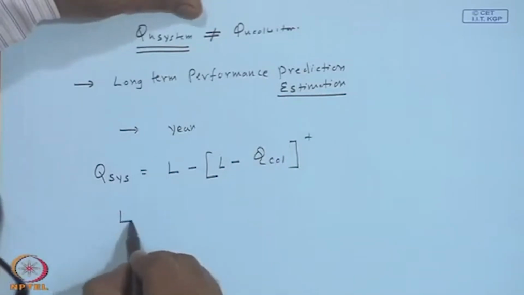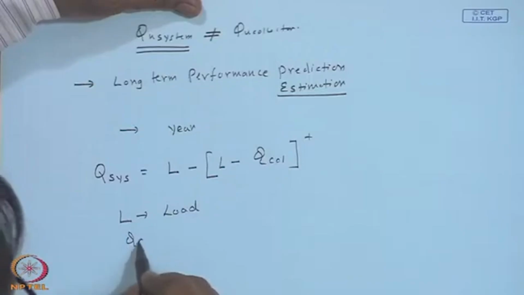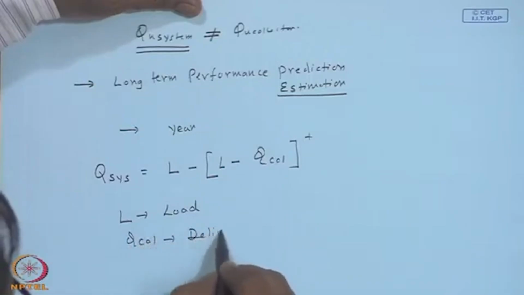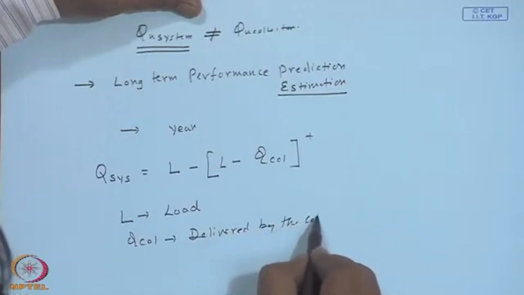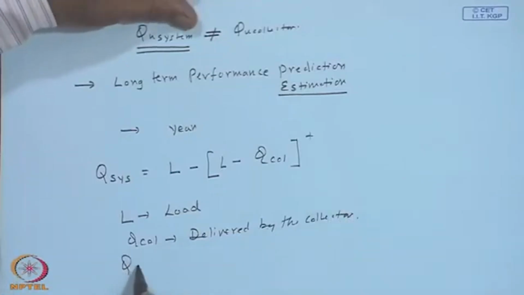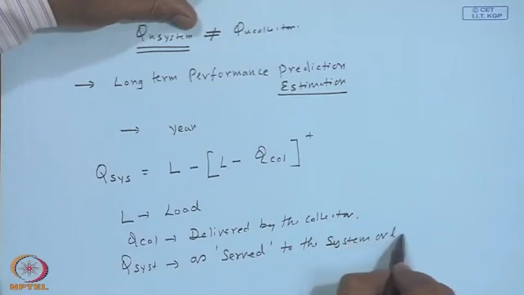Let us say L is the load, and Q col is the energy delivered by the collector, and Q system is the energy served to the system or load.